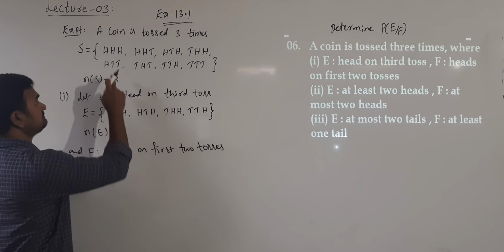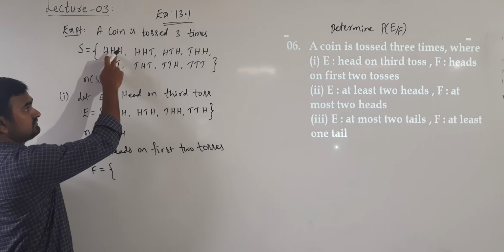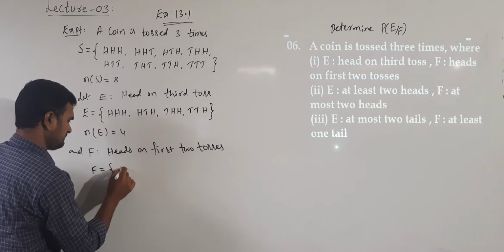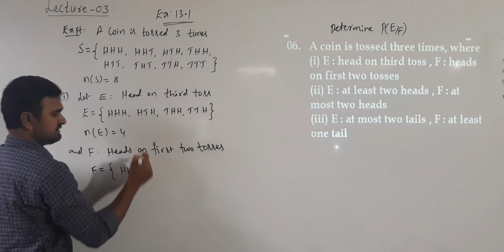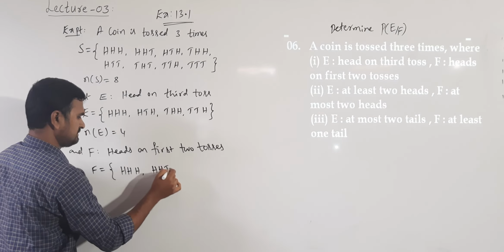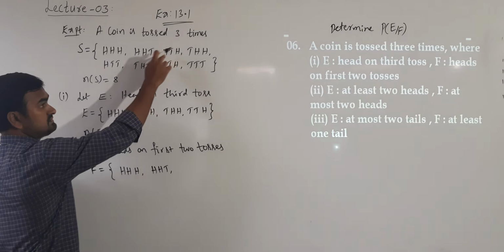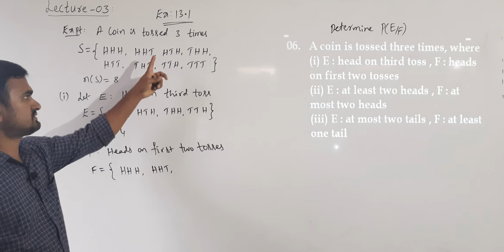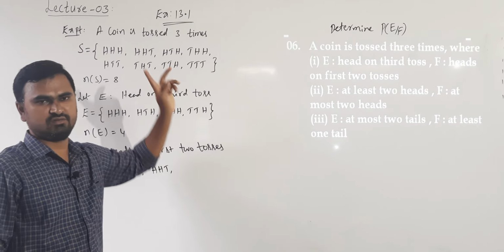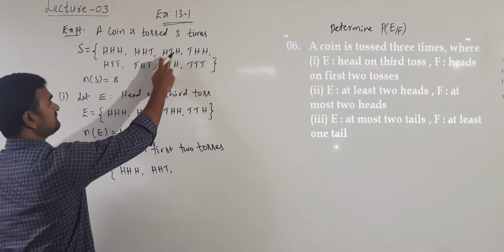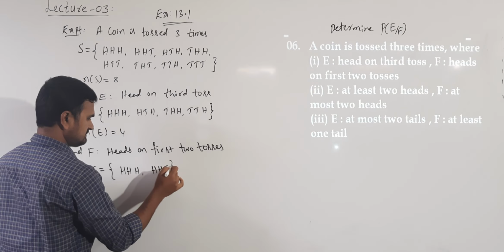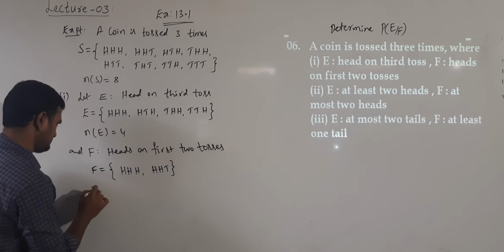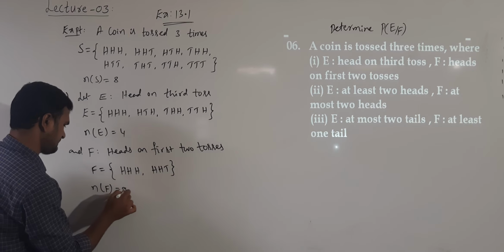I can write HHH, first 2 are giving head. Next, HHT, first 2 are giving head. THH, HTH we cannot take, first 2 tosses must be giving head. So there are no other possibilities where we can get first 2 as heads. So N of F is only 2 elements.